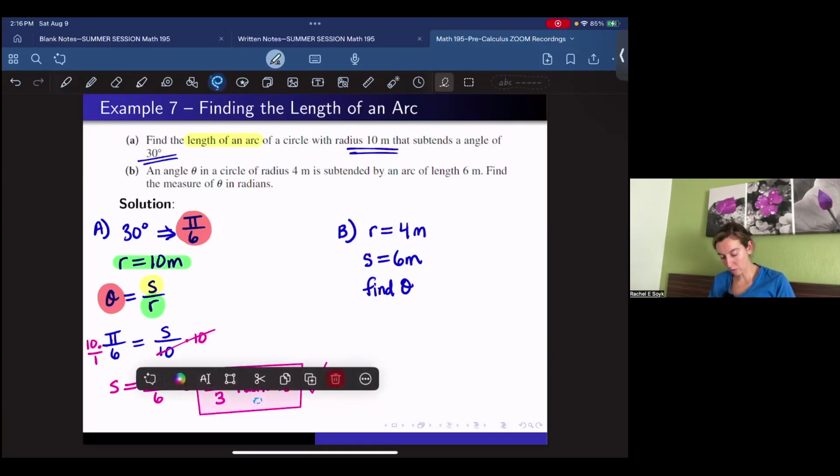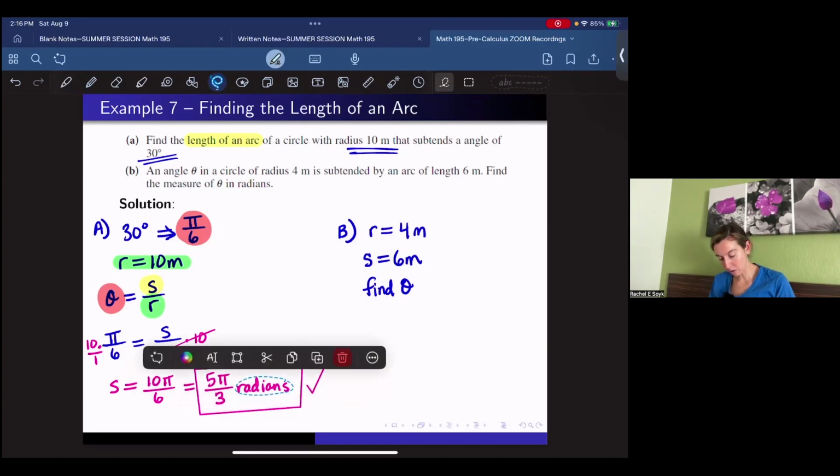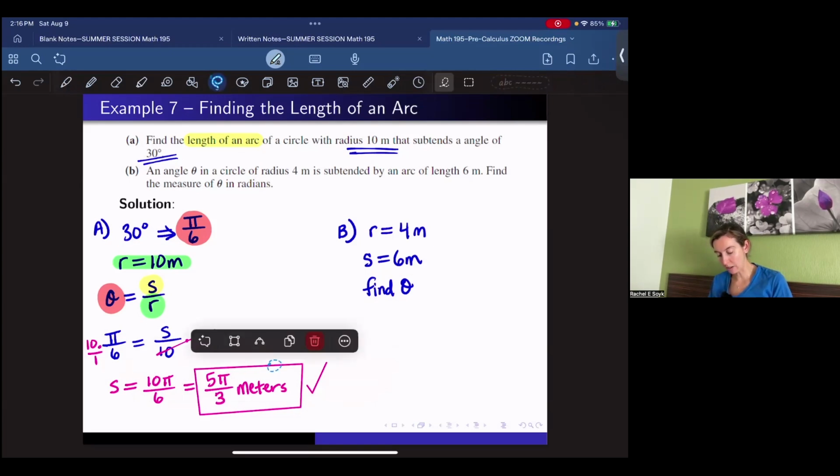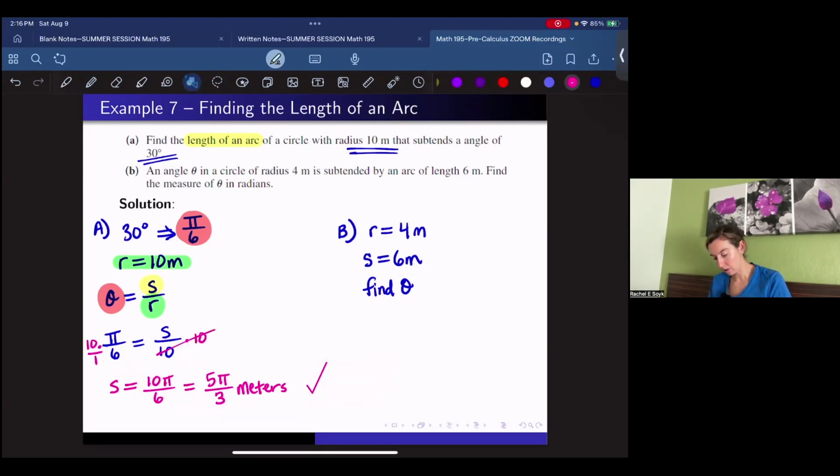I don't know why I wrote radians. Our unit measure is in meters. I think I saw the pi and I was just immediately thinking radians. Now, arc lengths are always in terms of the units that they give you.